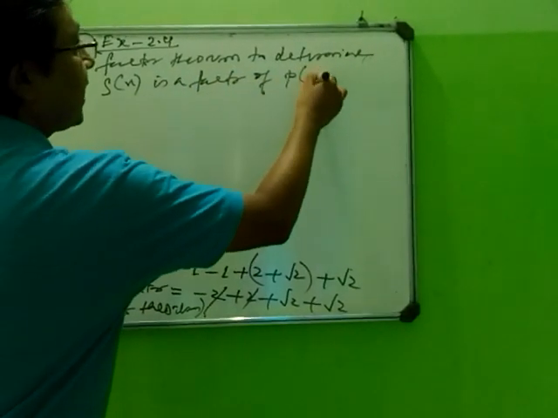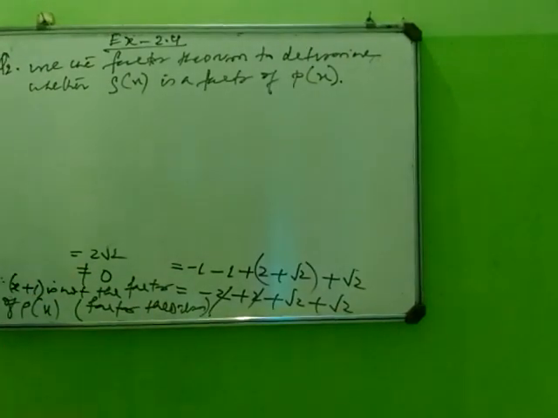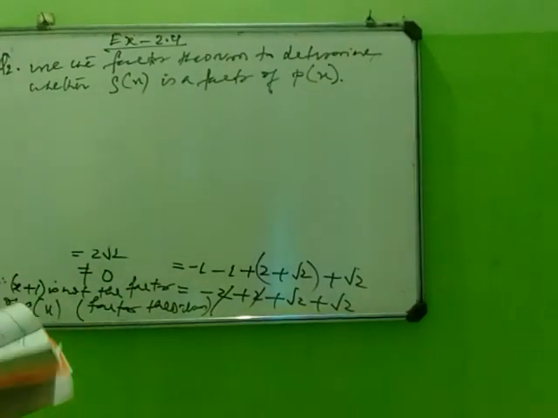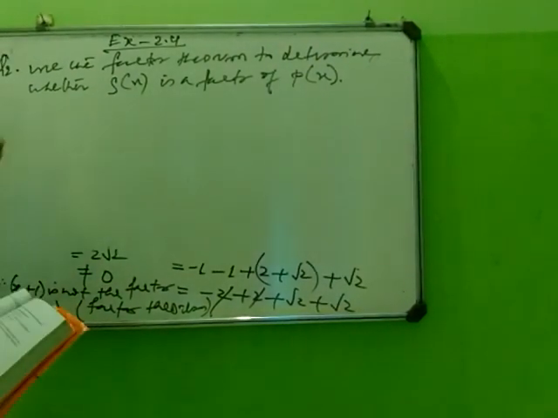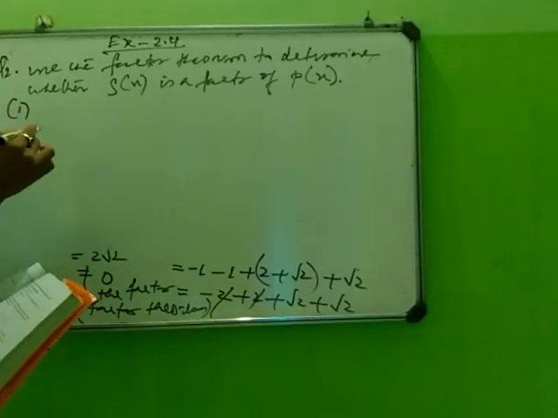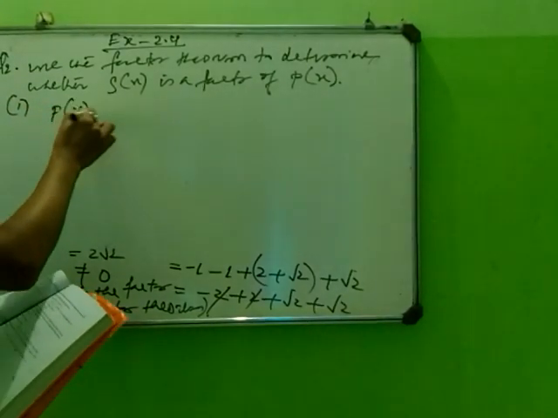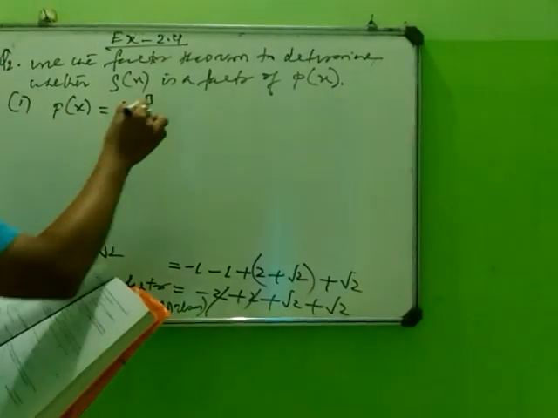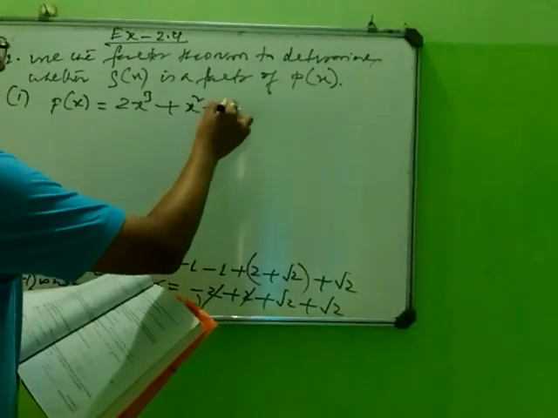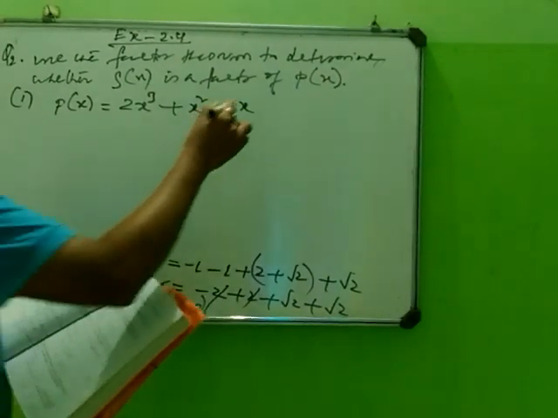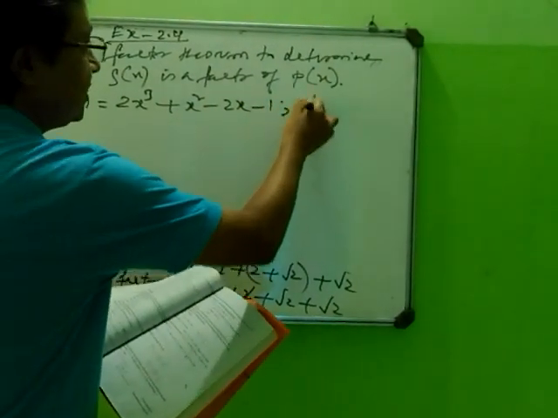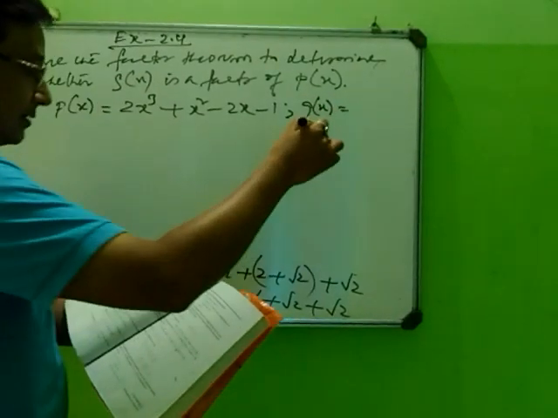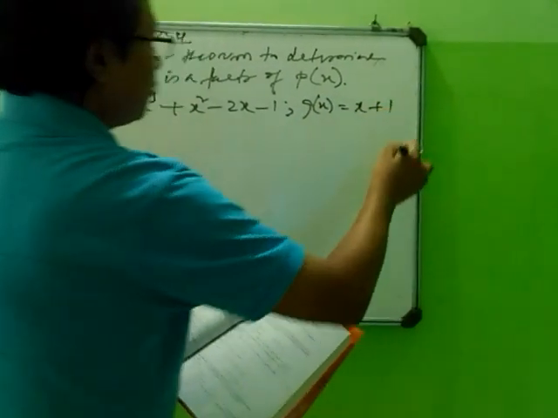Factor p of x. Now we will take the first equation. P of x equals twice x cubed plus x squared minus 2x minus 1. G of x is x plus 1.